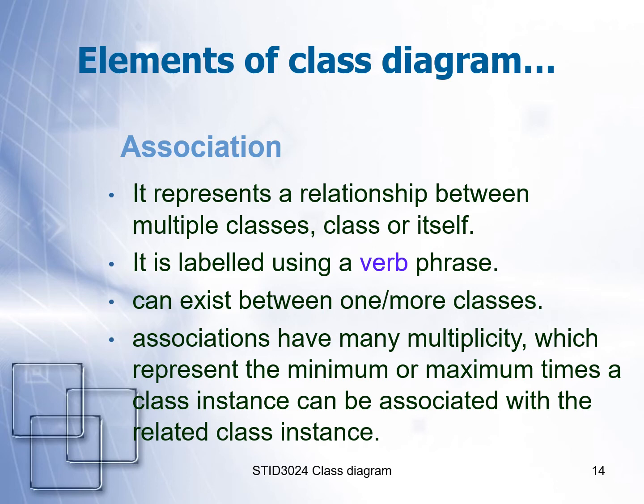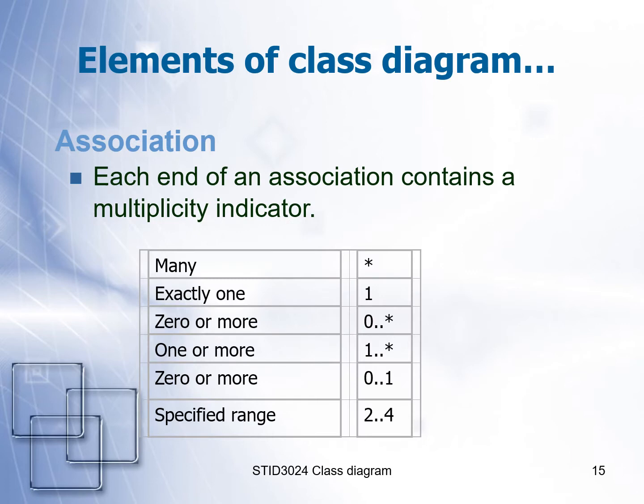Okay, and an association has a multiplicity, which represents minimum and maximum. That's what I've shown just now. So in terms of the multiplicity, if you see a star like this, it shows many. You can have 0 to many. Sometimes you put n.